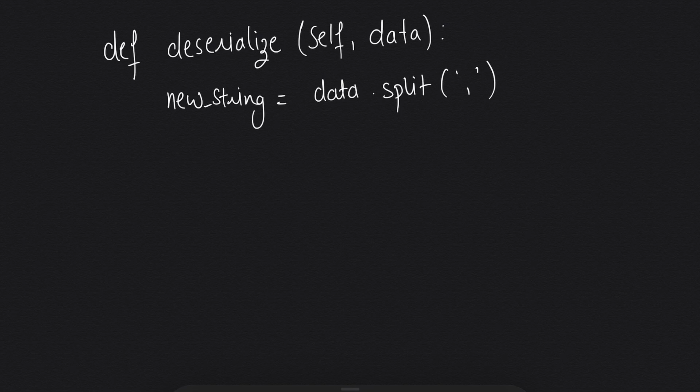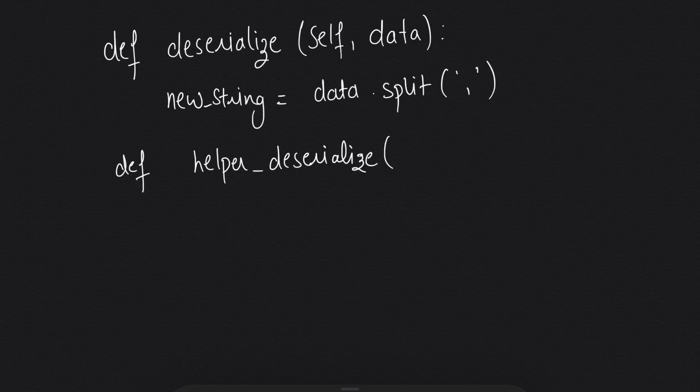Now we will make a helper function for our deserialize, and we will give it a list. Again, for the recursive function, we need a base case.